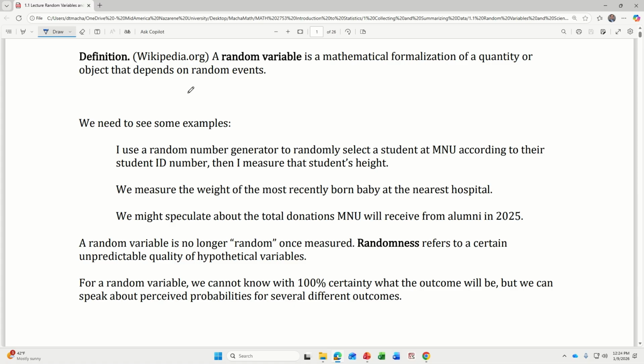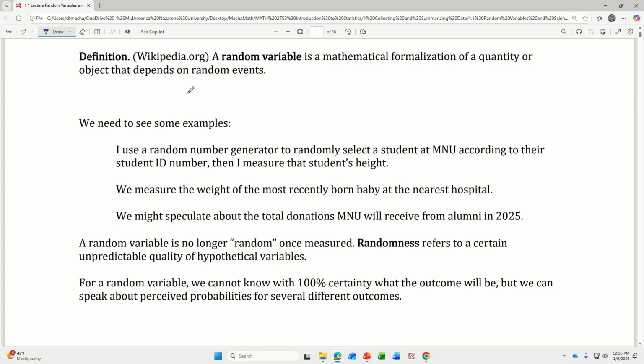So if we're talking about measuring a random student's height, I could say things like, the height's probably going to be between 5 foot and 6 foot, probably, but it's less probable that it's going to be between like 2 feet and 3 feet, right? That's less likely. I can make statements about probabilities, but I don't know exactly precisely what that number is going to be until I actually measure it.